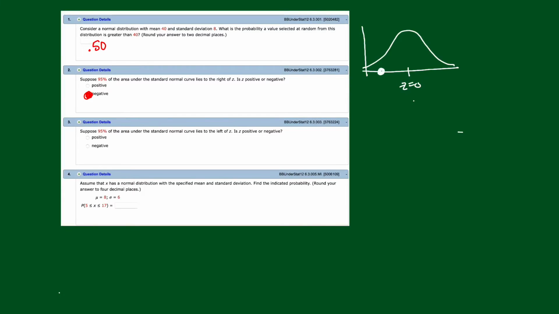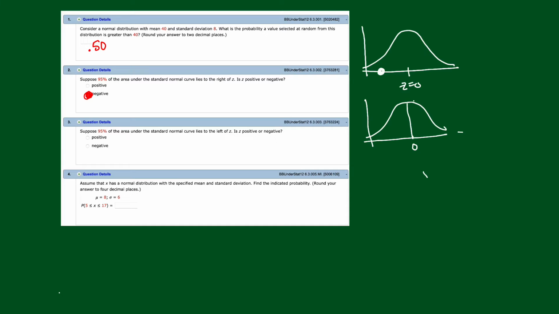And what's problem 3? Suppose 95% of the area lies to the left of Z. Okay, well now 95% lies to the left of Z. So in that case, let's draw the picture. I think we probably have an idea of what this is going to be from the last problem we did. All right, there's 0. Now I've got to find a Z that has 95% of the area to the left.